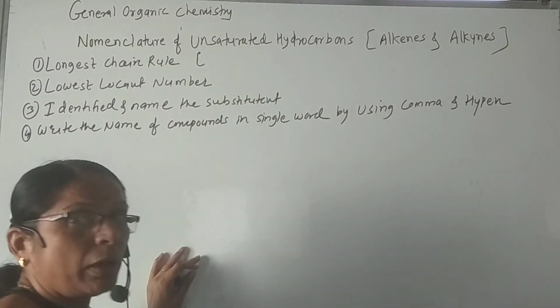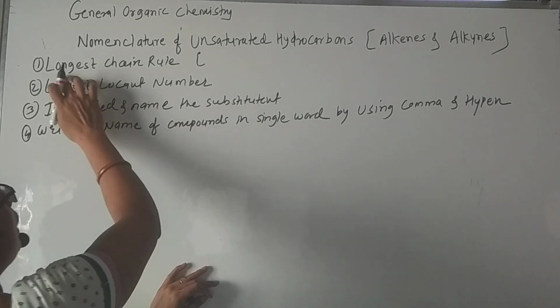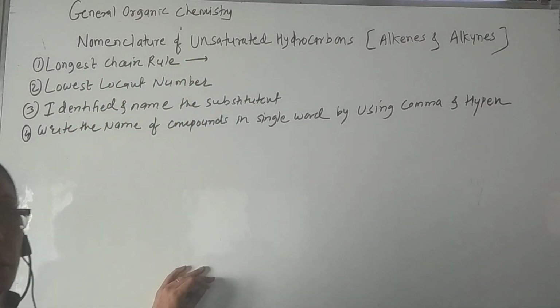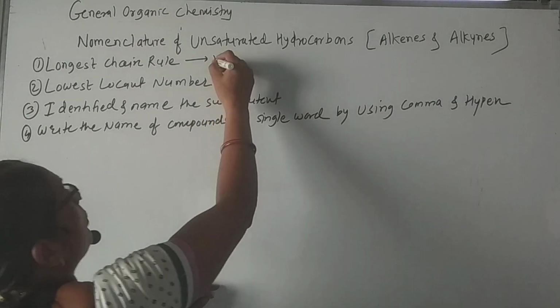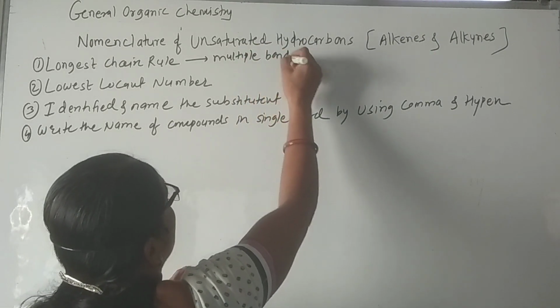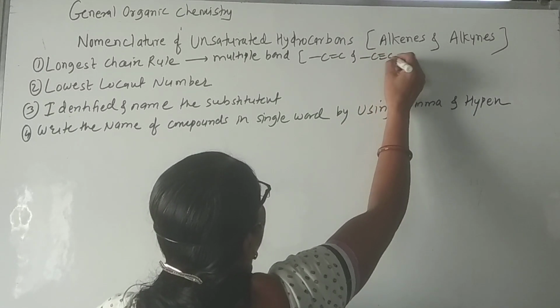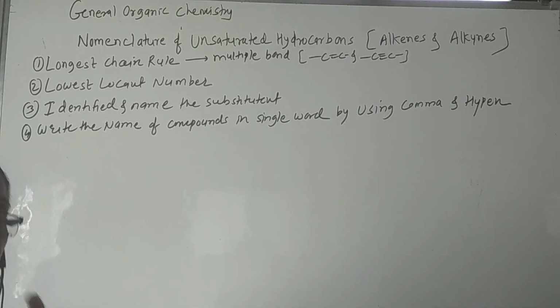Alkanes have no functional group, but alkenes and alkynes have one. So we select the longest chain that contains the multiple bond, which must be a carbon-carbon double bond or carbon-carbon triple bond. A chain with these multiple bonds present can be selected.